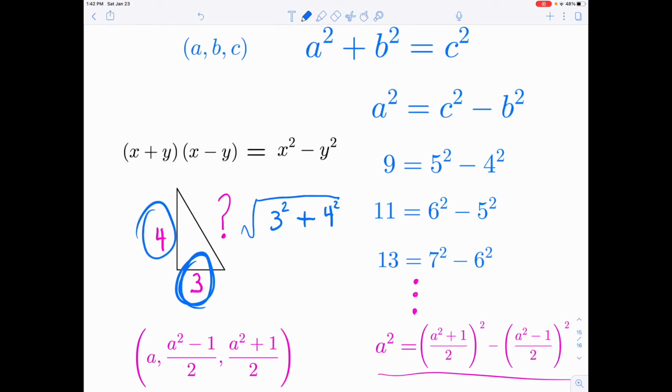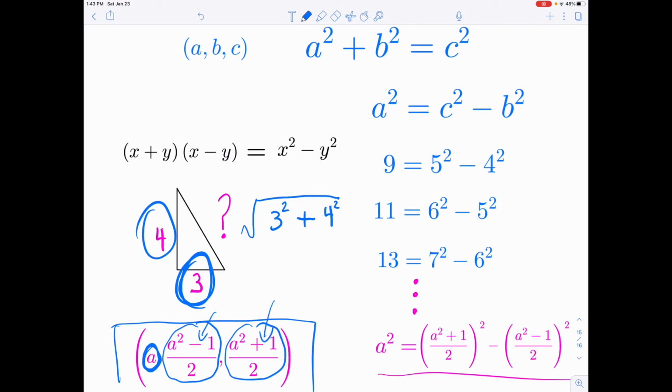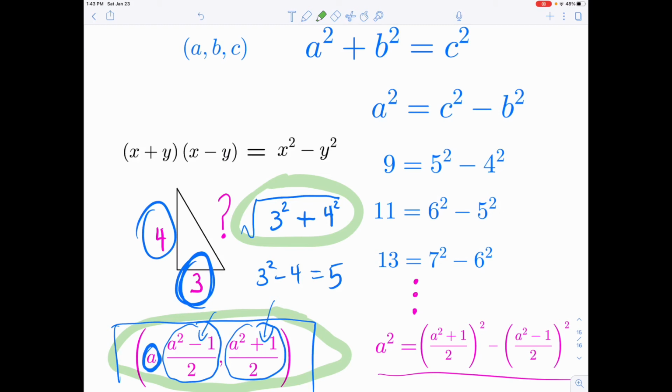And of course, the examples that we found, these primitive triples, where the hypotenuse is 1 unit bigger than one of the other sides, of course what we have is the situation where we square this first side, this is a little bit less than half, and when we subtract a little bit less than half, of course we get a little bit more than half. So the trick of using 3 squared and then subtracting 4 to get 5, instead of doing it the way we're supposed to, well, that trick will work for any of these particular triples.